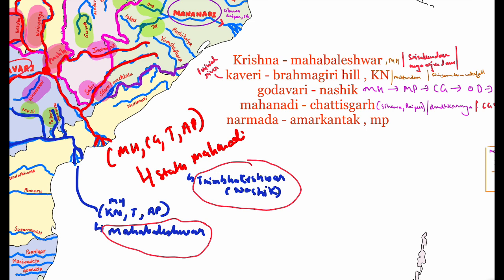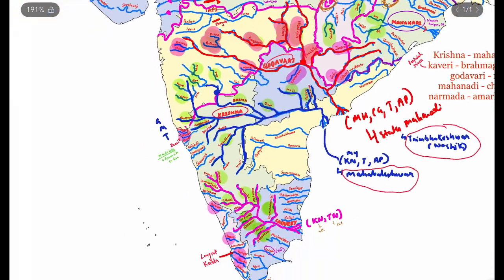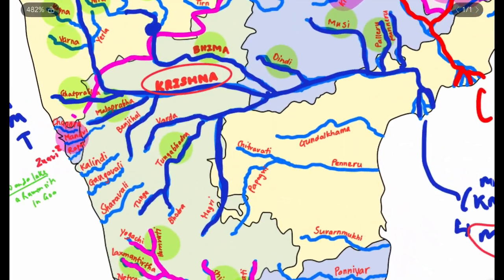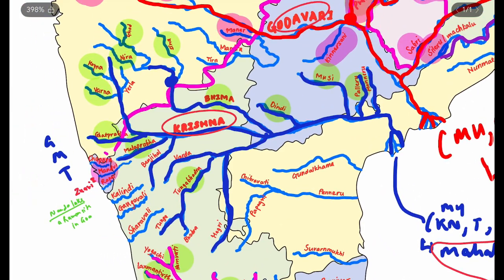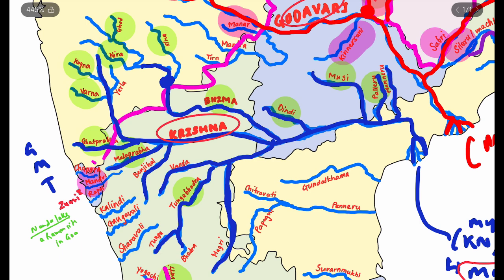Now let's move to Krishna. Krishna originates from Mahabaleshwar. Mahabaleshwar is in Maharashtra. Okay. And Nagarjuna Dam is on Krishna river. We have to know that. Okay. Now let's see Krishna. So Krishna originates from Mahabaleshwar in Maharashtra.